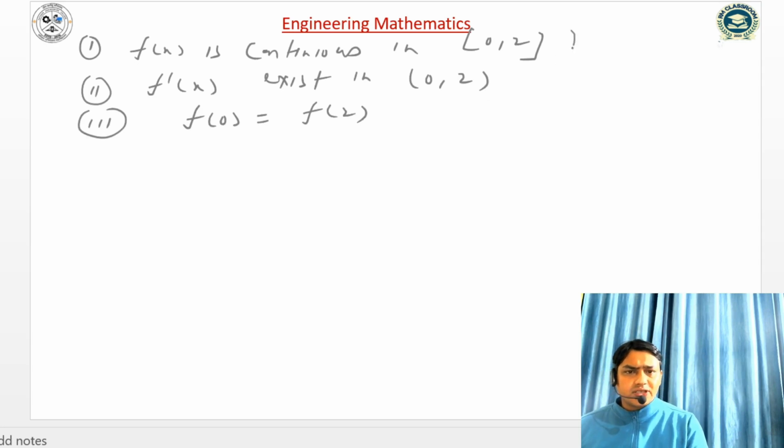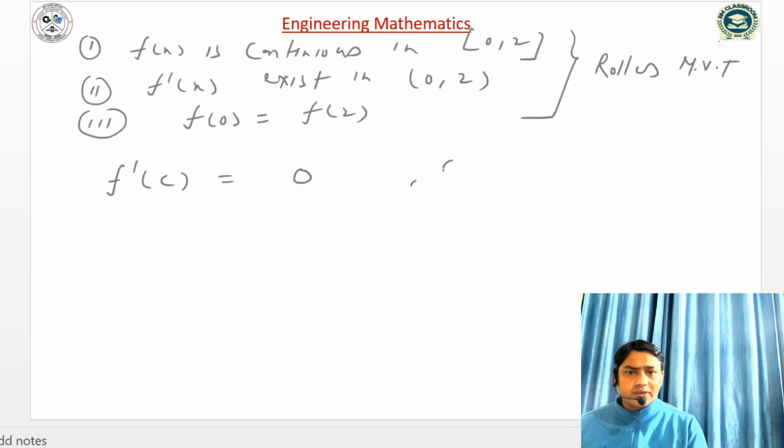So these three conditions are satisfied, so we can apply Rolle's mean value theorem. So in between 0 and 2, at least one point exists where f'(c) is equal to 0. So we apply f'(c) equal to 0.